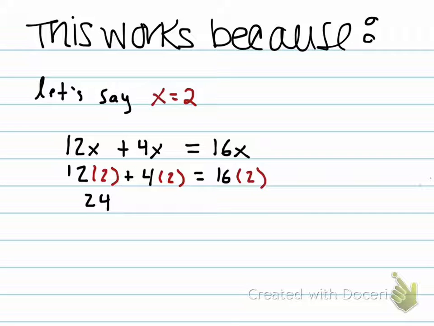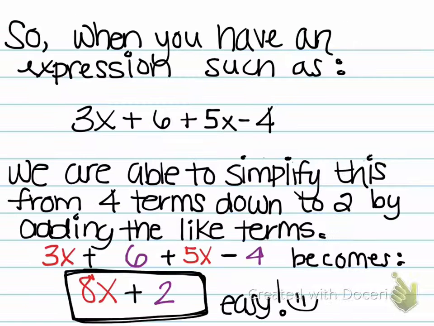We do our multiplication first, plus 4 times 2 is 8, equal to 16 times 2. What is 16 times 2? 32. And 24 plus 8? 32 equals 32. Check. So, this works. If you can verify it with a number, it should work. And we would do more tests normally, but this will always work.